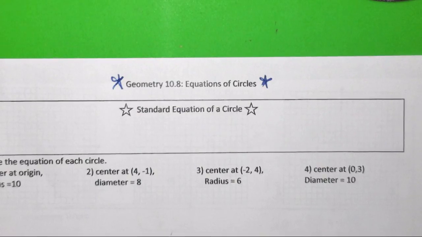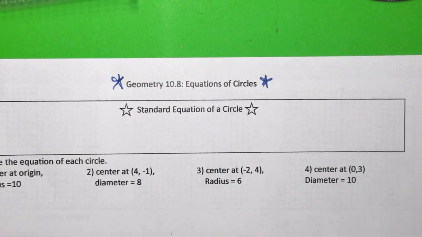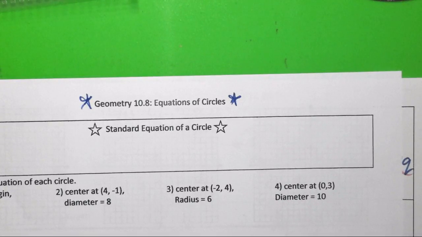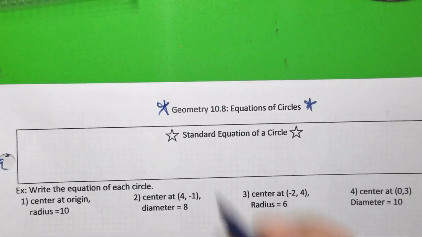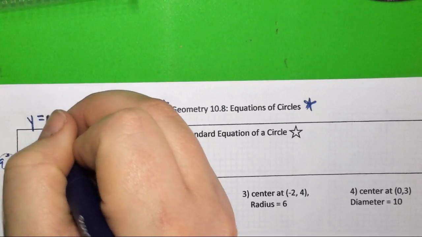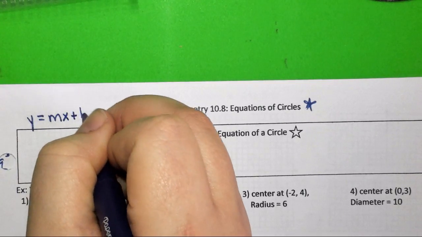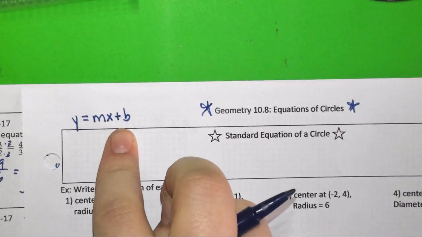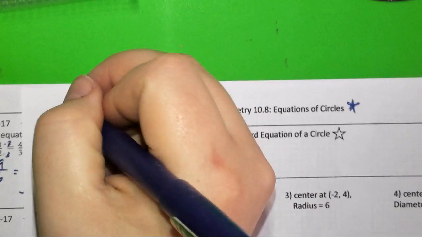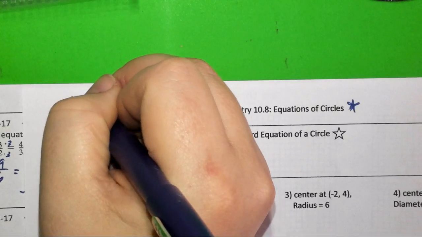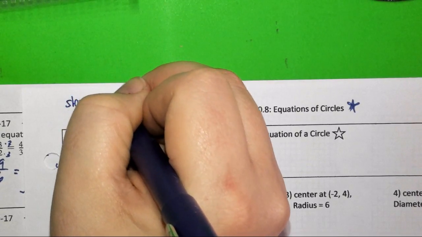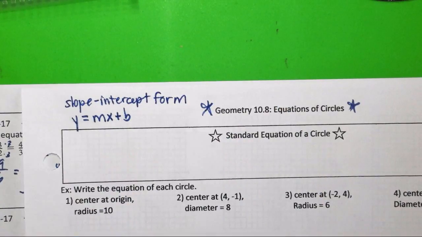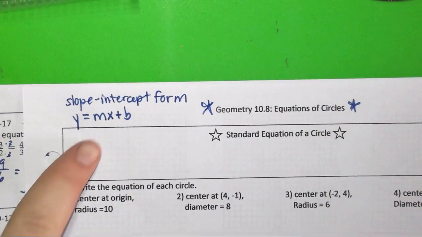This is it. Okay, so you've been graphing stuff your whole life. Can you please tell me what this is called? Slope-intercept form. And what does that do?